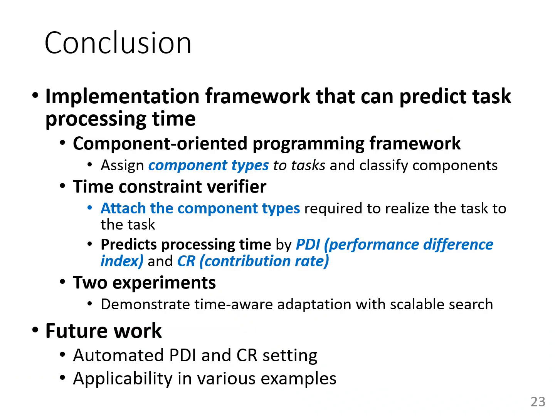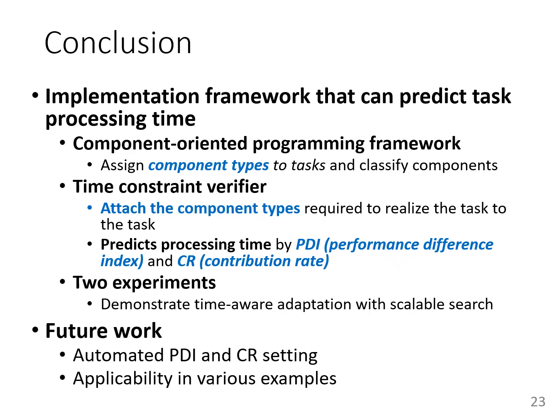To summarize, we proposed an implementation framework for self-adaptive systems that can verify time constraints. Our framework uses component types to classify components and link them to tasks. We introduced a time prediction mechanism based on PDI and CR.